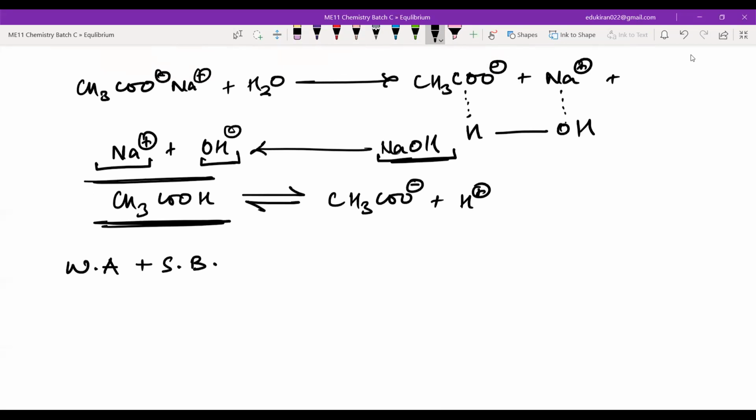But will the Na positive react with OH negative of water? Will it form NaOH or will it be dissociated? NaOH will be in the form of Na positive, or will it be in the form of NaOH? Where will the equilibrium be? This side or this side?